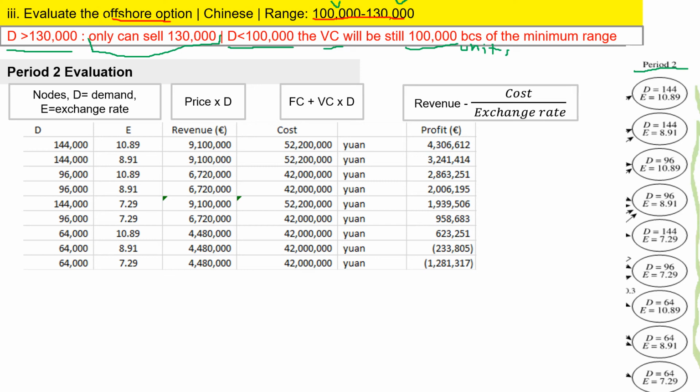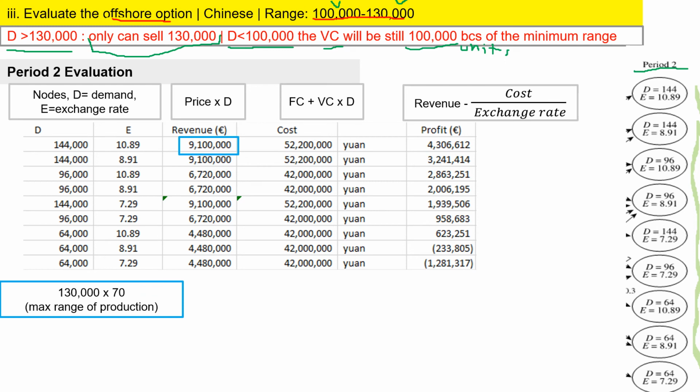And then for the example, we need to be careful with the computation here. So for example, in this blue box, the revenue is 9,100,000 euro because we get this from 130,000 multiplied by 70.